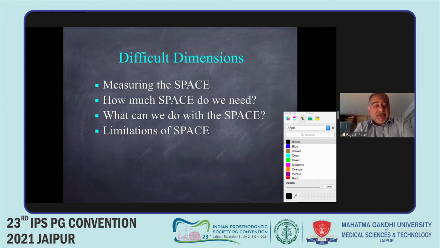So measuring space is one of those issues that I have a constant discussion with my orthodontic colleagues. When they measure a space, they seem to measure the space with a ruler in a buccal position. But obviously, for us as prosthodontists, we have a three-dimensional position that we need to look at. And what can we do with this space?